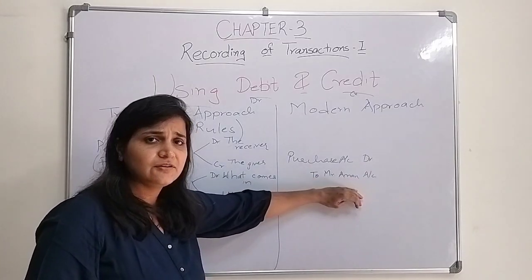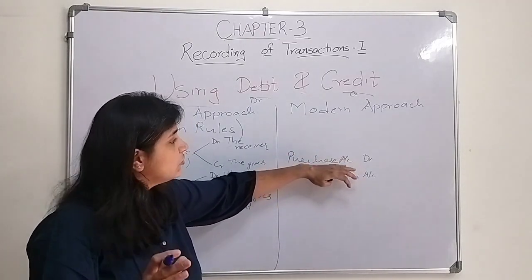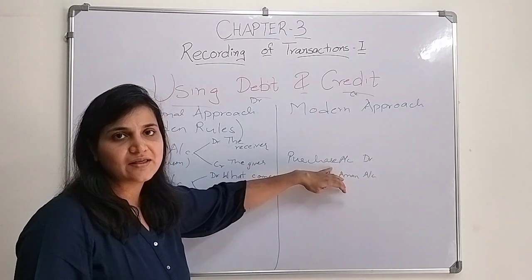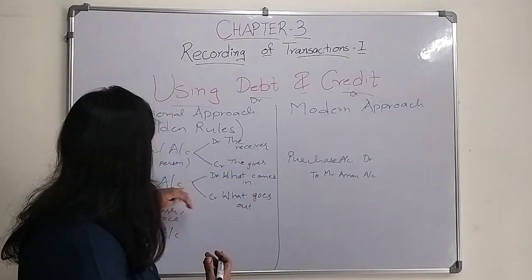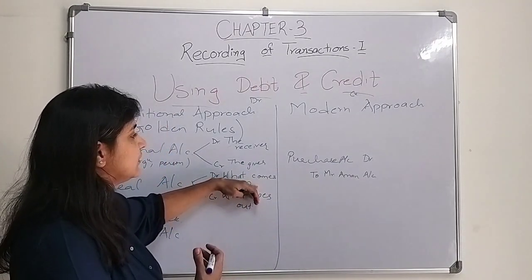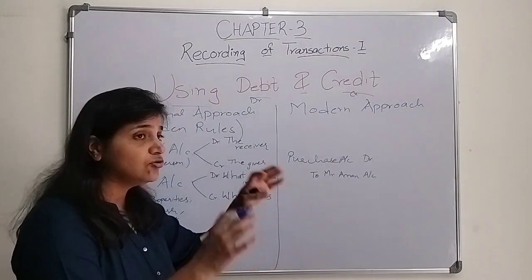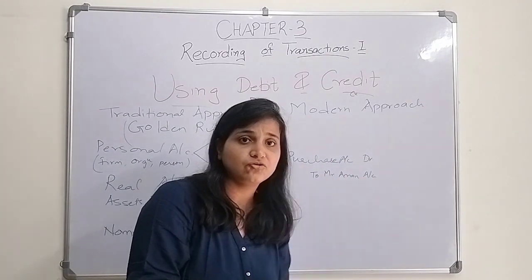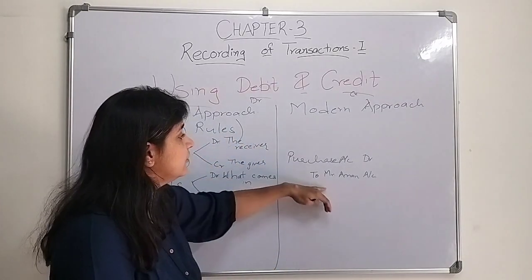We will learn how to pass these entries later, but this shows how I use these rules in the transaction. First rule of real account: debit what comes in. Goods come in, so purchase account is debited. The second rule: I am dealing with a person who is the giver of those goods, so the personal account rule says credit the giver, so credit Mr. Aman's account.